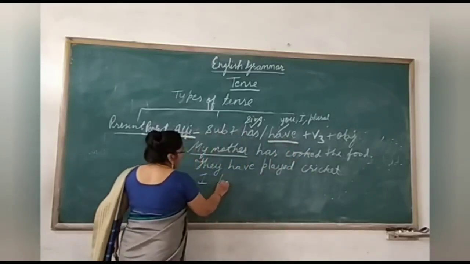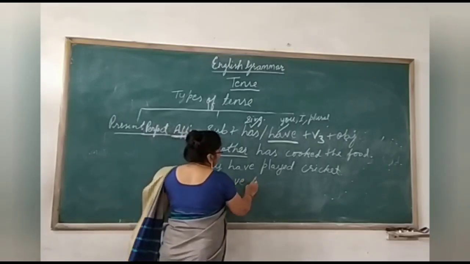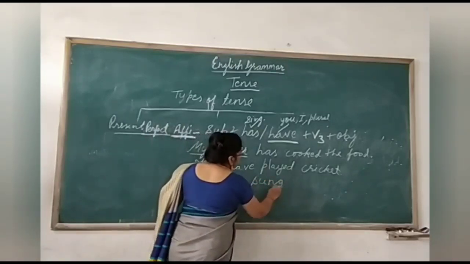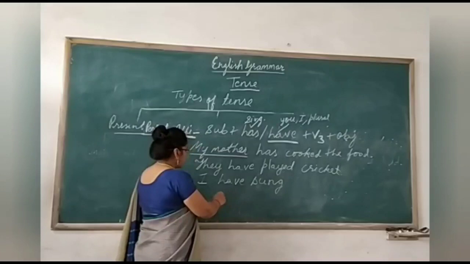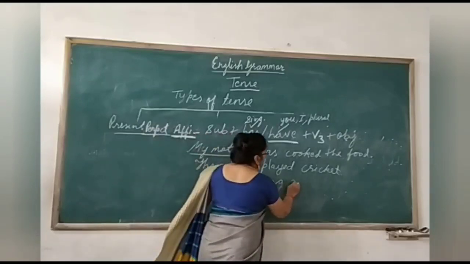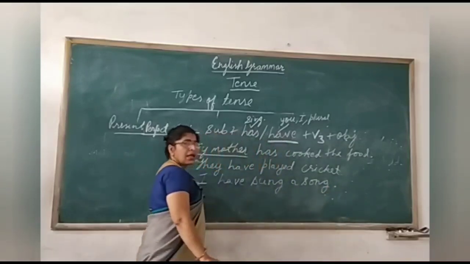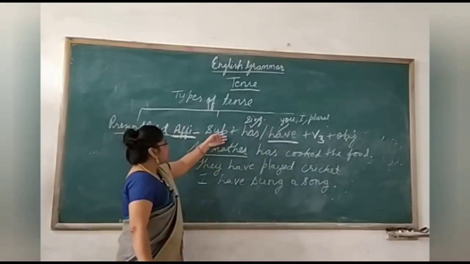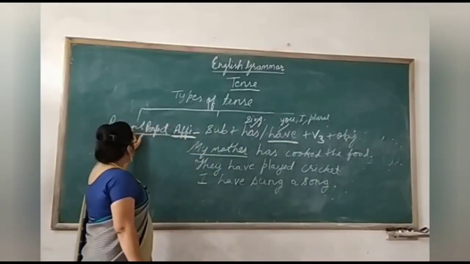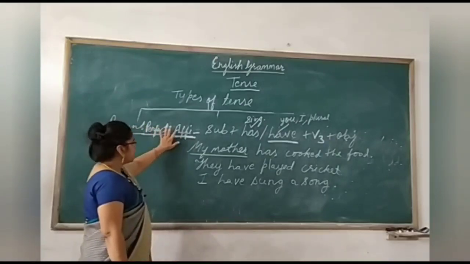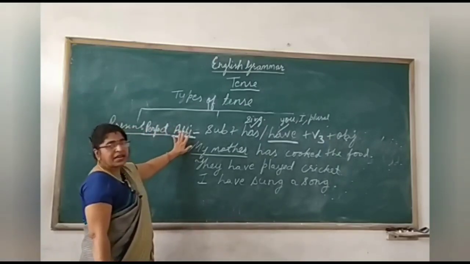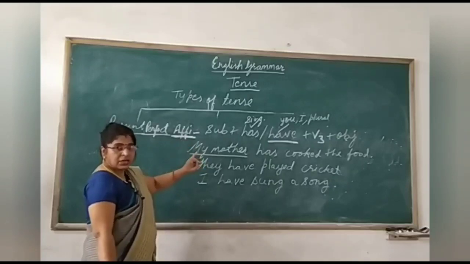Have. I have sung. This is the third form of sing. I have sung a song. Clear? This is the structure of present perfect tense. This is the affirmative structure. Affirmative is also known as positive statements.